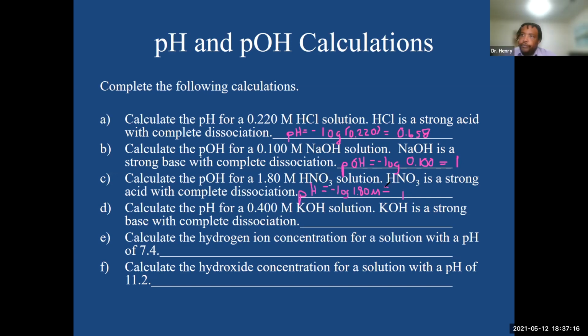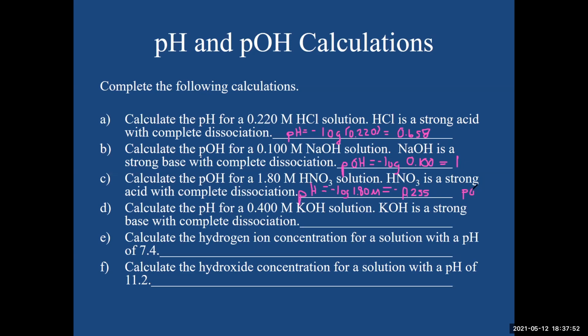Okay, so that's going to give us a nice negative value. Yeah, I got negative 0.255. So then we take that number and we get pOH is equal to 14 minus pH.